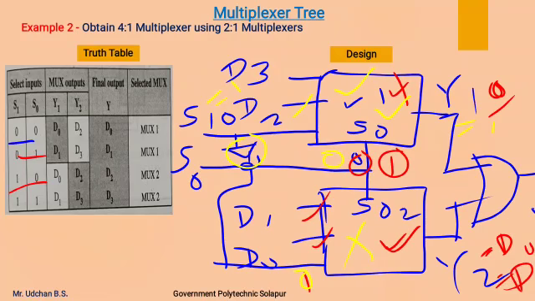Now we will get Y1 as D2 and Y2 as 0, so we will get the combined output as D2. Similarly, for 1 1, this is enabled, this is disabled. Now S0 is 1, the second line gets selected, that is we will get D3 on Y1 and 0 on Y2, as the second multiplexer is disabled, and we will get the combined output as D3 for 1 1.